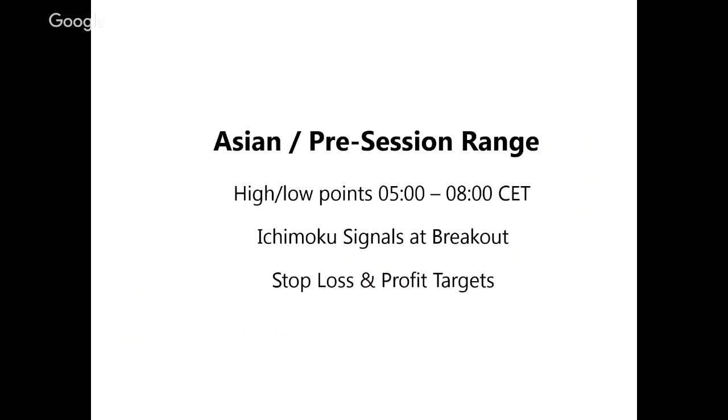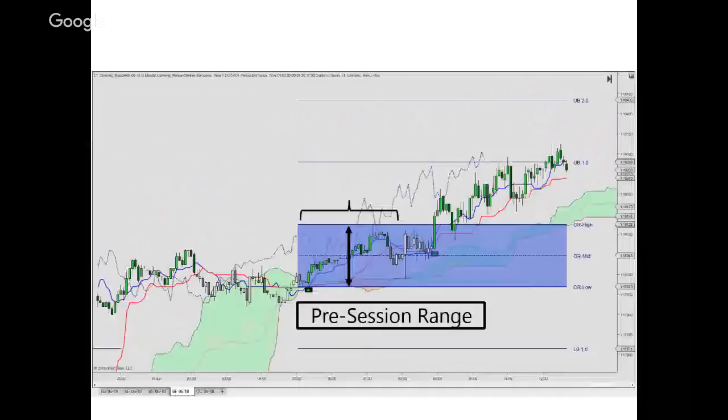And this opening range, this 3-hour range, will also then define stop loss and profit target levels for us. So we'll have a look at how to do this now coming up here.